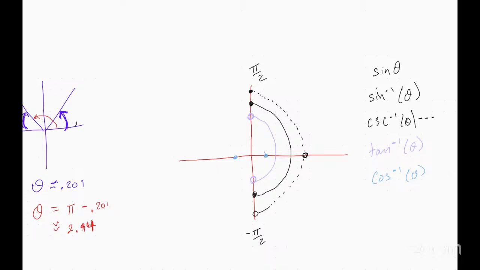And the secant inverse is defined in a similar way, but it's not defined where the cosine is equal to 0. So it's like this.